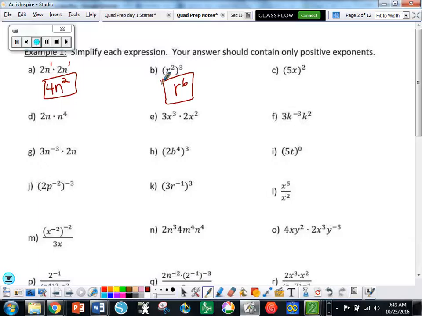Okay, part C. Any ideas? Or try it, see what you think. So, okay, why? Yeah. We square the 5 and we square the x.